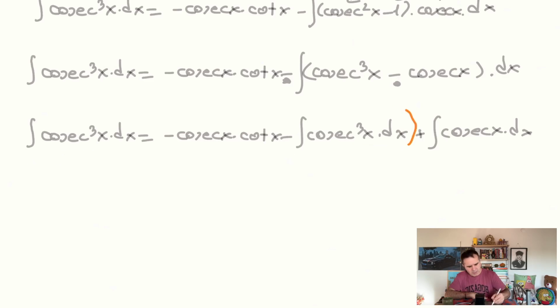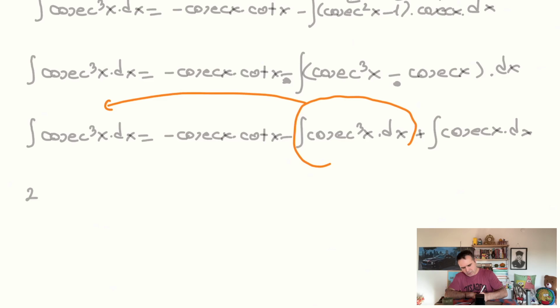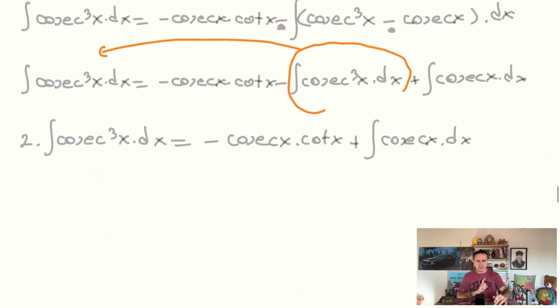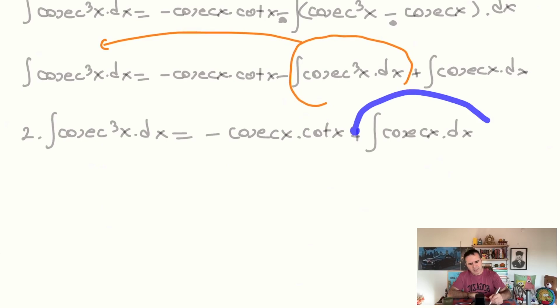We will take this one to the left side, then 2 times cosecant cube x dx will be equal to minus cosecant x times cotangent x plus the integral of cosecant x dx. And now we need to solve this one.